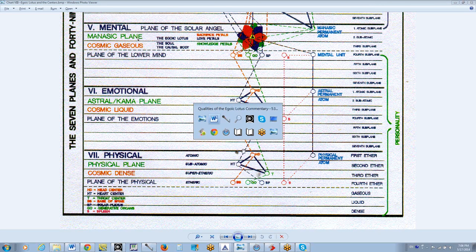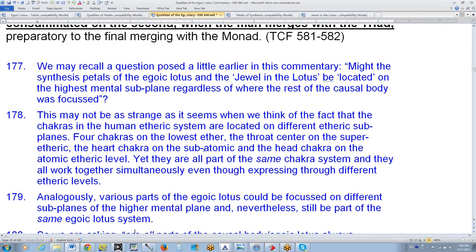So, okay? So it may not seem so far-fetched. 4 chakras on the lowest ether, the throat on the superetheric, heart chakra on the subatomic, head chakra on the atomic level. That they are all a part of the same chakra system, and they all work simultaneously, even though expressing through different etheric levels. So it could be that there is a great centralization occurring on the 1st level with the jewel in the lotus there.